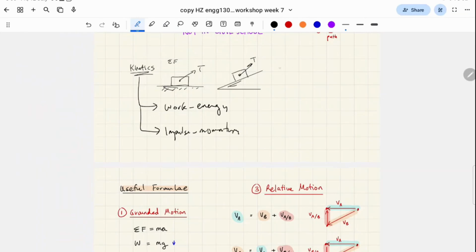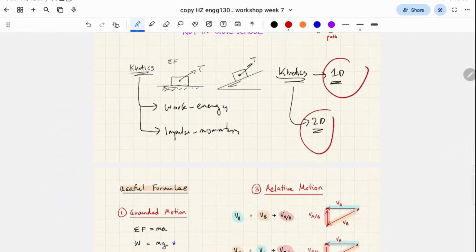And for kinematics, which is what we're going over today, we have our 1D and our 2D stuff, right? So 2D is what we're going to go over soon. 1D was our straight line motion, etc. I've sort of taught it like this, where we go over 1D and 2D, and then go back to this stuff.